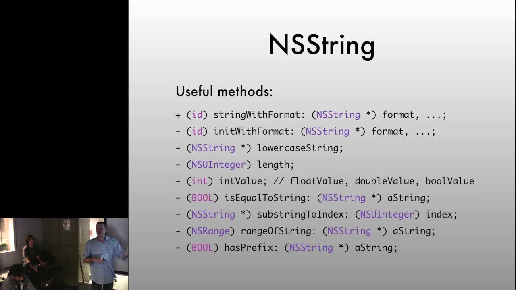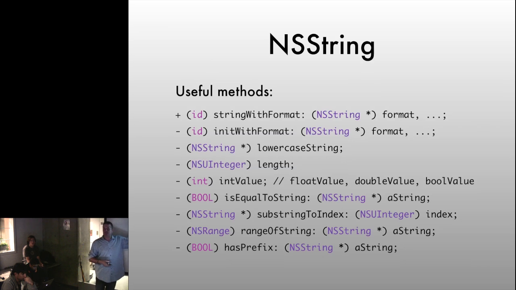But if you've got a string of digits that represent a value, an integer value, a floating point value, you can convert it to a native type with intValue, floatValue, doubleValue, boolValue, and unsignedValue. There are a number of these. The documentation lists all of the conversions from a string of digits into an actual native number.